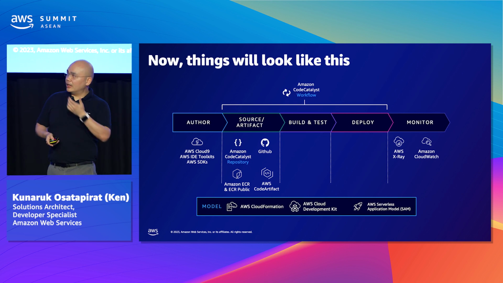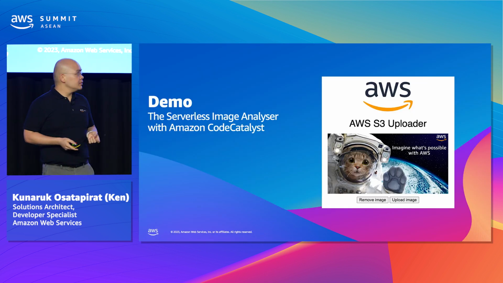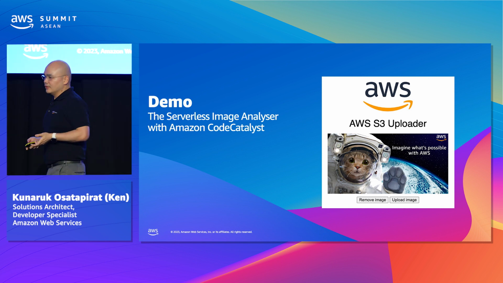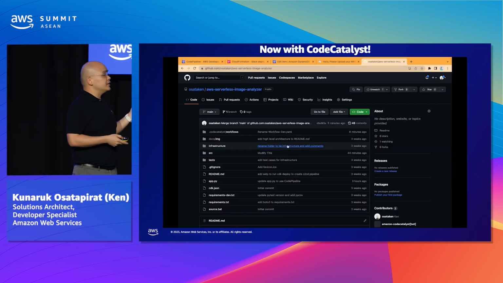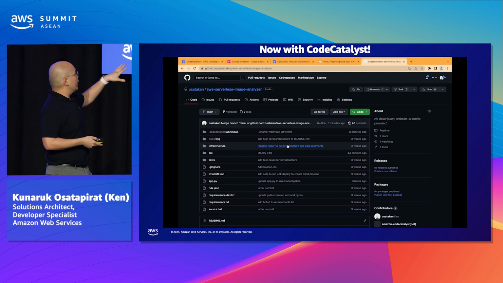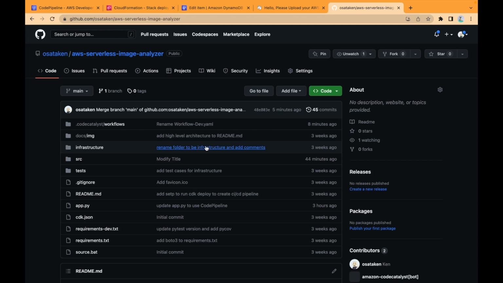So now, I'm going to do the same demo again using the Code Catalyst. So here is my GitHub repository for this project. So now I'm going to use this GitHub repository to create Code Catalyst project for the same use case. So first, we need to set up the remote repository.